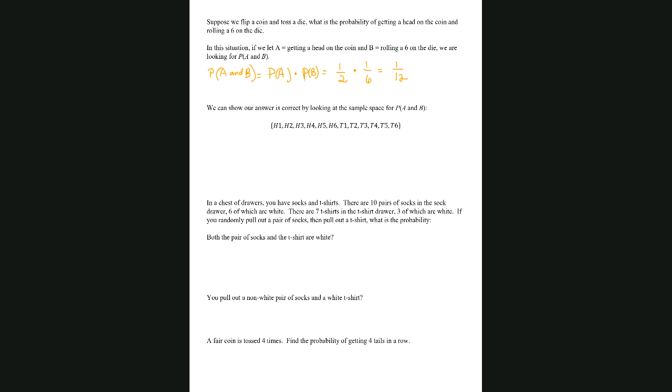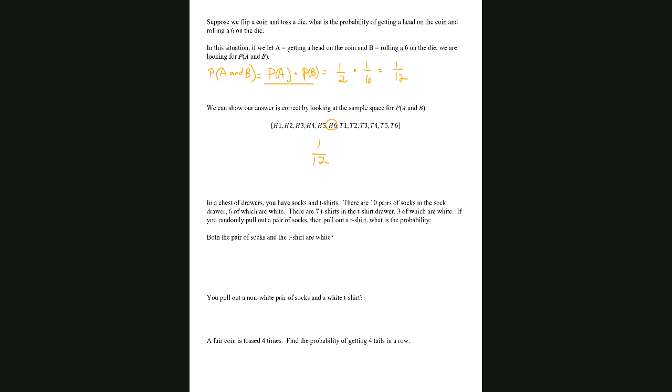So there are 12 possible outcomes, and I need heads on the coin and 6 on the die. There's only one situation where I get heads and 6, so that's 1/12. So this formula actually works out if we look at the sample space. This is sort of just a quick, shorthand way to do that. Somebody noticed a pattern, and we now can use that formula.